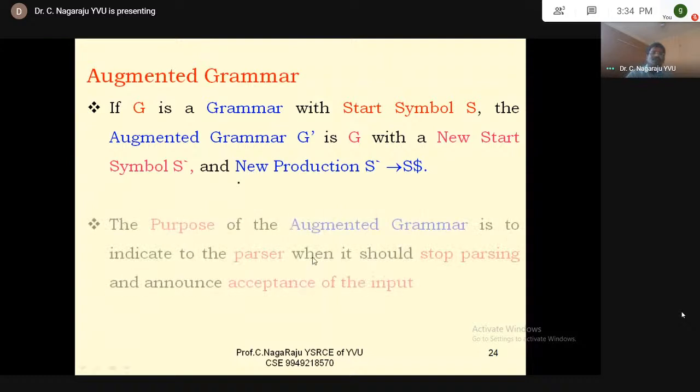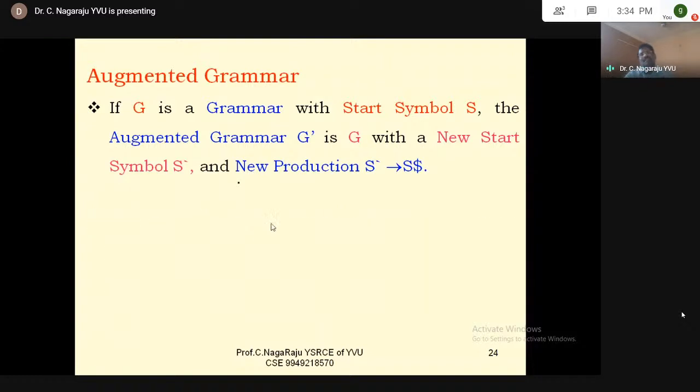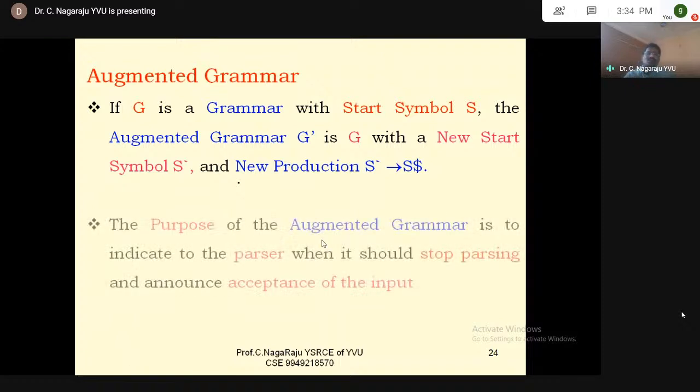So augmented grammar means whatever is in the context free grammar, above the root we add one more production. That production is S' extended to S dollar. This will be added, and each and every production will be represented with the dot notation.